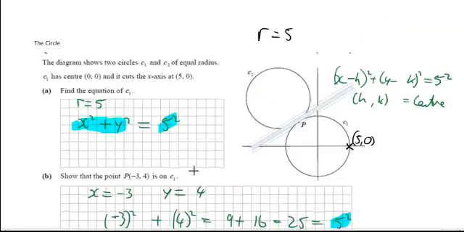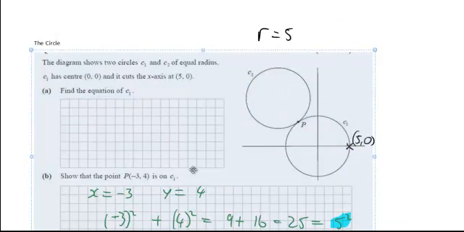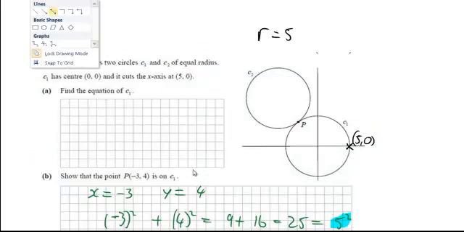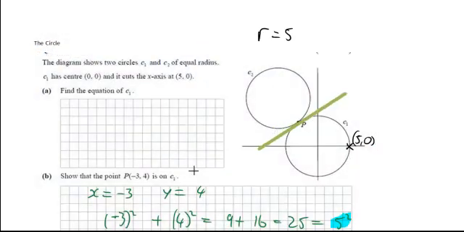Now, one way to think about this tangent is that the tangent of the circle is always at right angles to the line drawn from the radius to the centre. So this here is at right angles to this one, it's perpendicular to this.